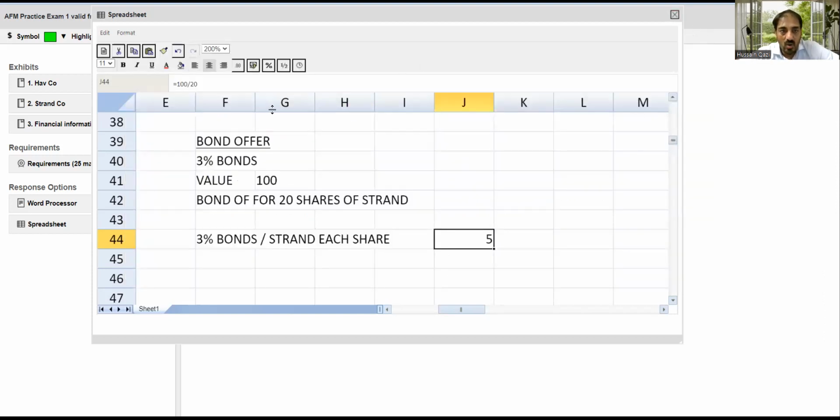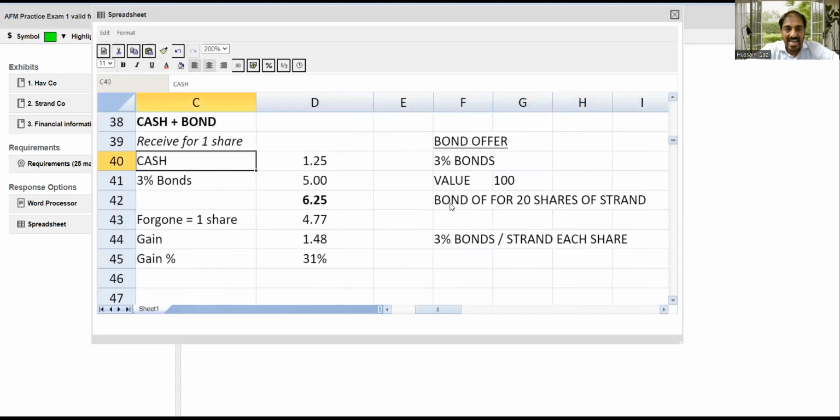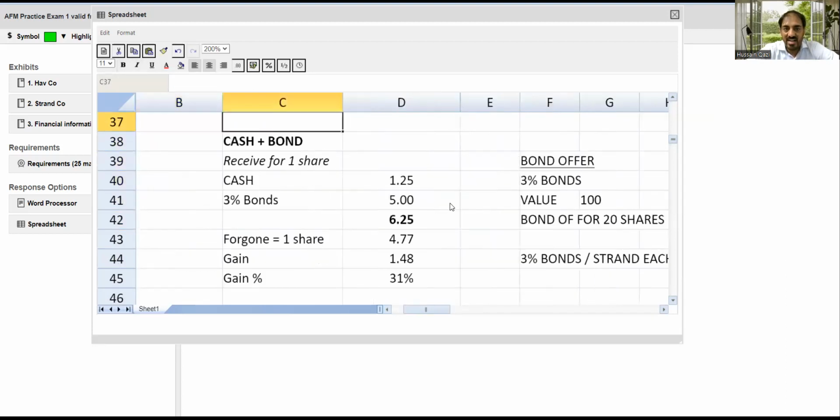Now, I hope it is very clear. So we have taken cash. If Strand accepts this, the Strand shareholder will receive against one share cash 1.25, 3% bonds for one share, its value 5. So in total per share they will get 6.25 value, and they leave the one share, that is 4.77. So the gain is 1.48 and the gain percentage is 31%.